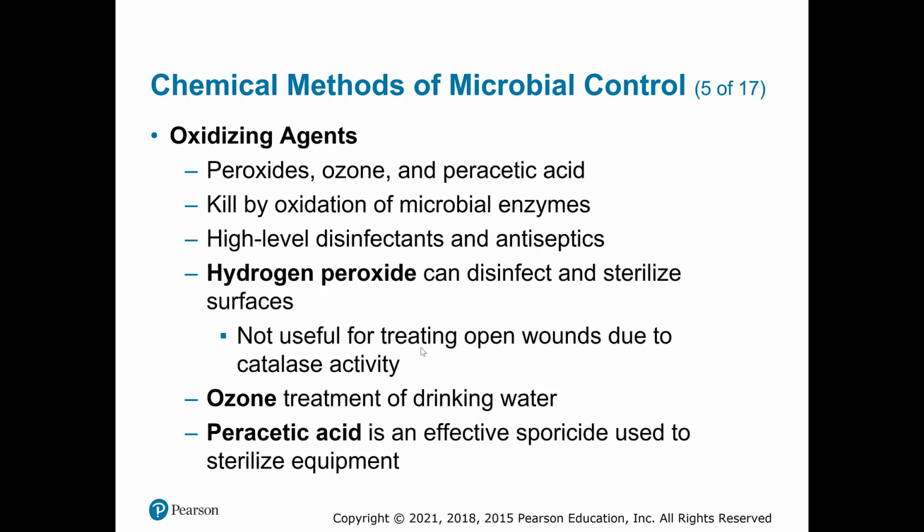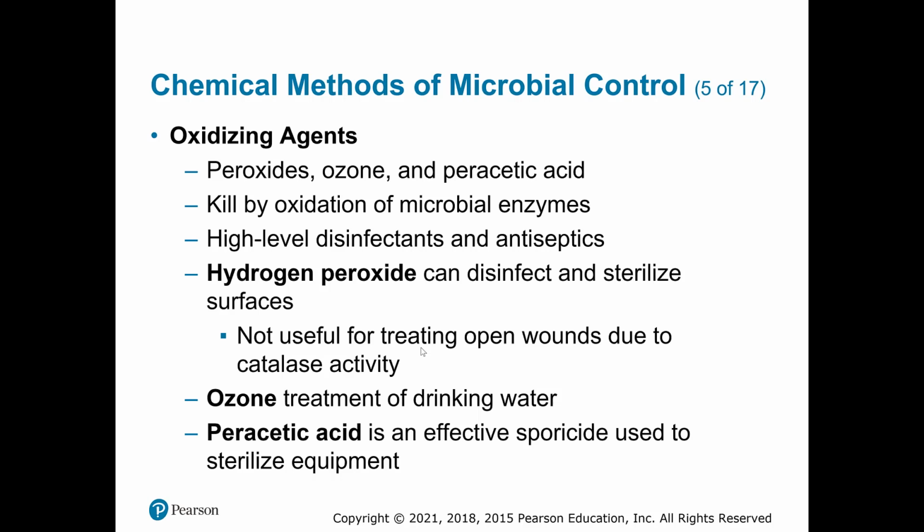So if you have a cut on your hand, most people would turn to either rubbing alcohol or hydrogen peroxide. You would often find both in somebody's medicine cabinet to disinfect or to serve as an antiseptic for that wound. But hydrogen peroxide isn't useful against open wounds because catalase can inactivate it. It doesn't work.